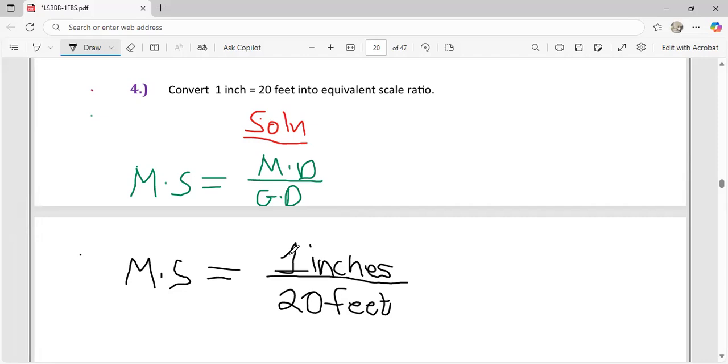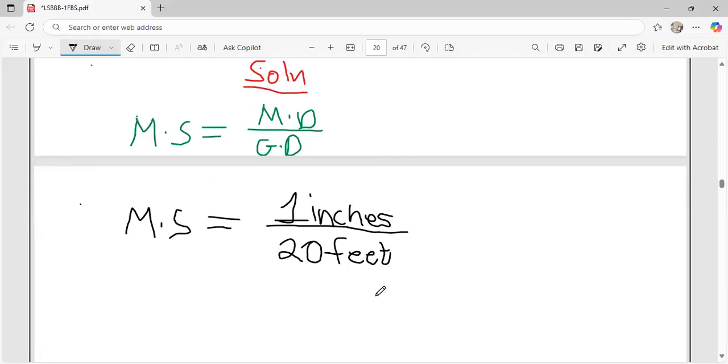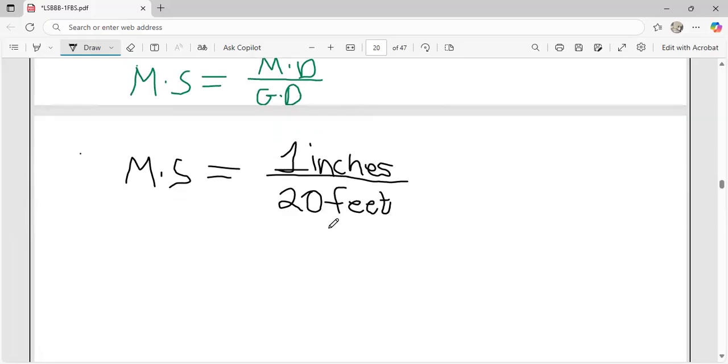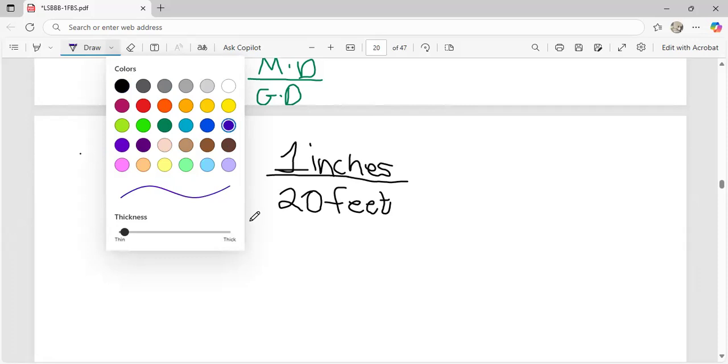We have to either convert the inches into feet or feet into inches, so that they'll all be in the same unit, and we can let them cancel out so that life can be much easier. From the handouts or the slides that were given to us, one of them stated that 1 foot is equal to 12 inches.